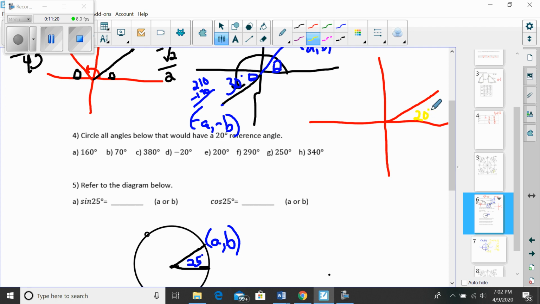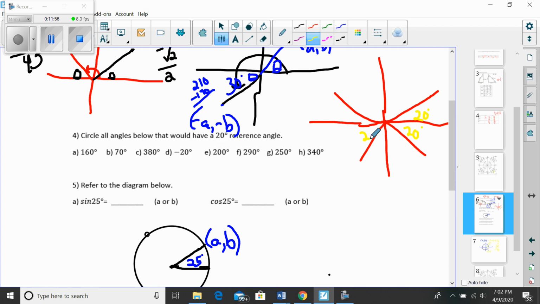And let me encourage you when you do any of these reference angle problems to take that ray, reflect it through both the x-axis and the y-axis. Oh my goodness, I can't get these lines straight. So let's see, reflect it here, here, and here. Gosh, that's ugly. Okay, so anyway, this would be 20 degrees.